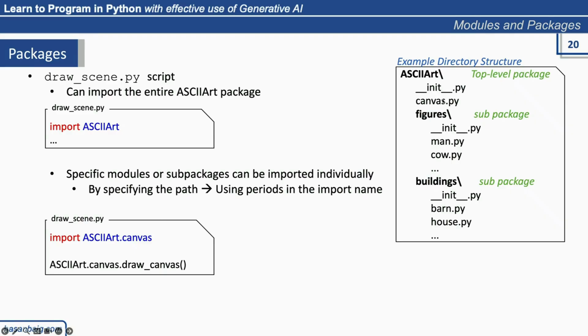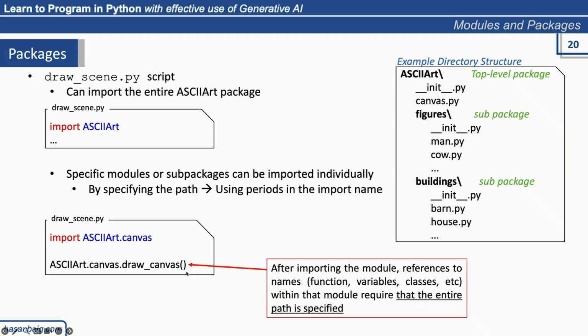It will only import canvas, which is located in skart. But when you use any function within this canvas, you need to specify the entire path: skart.canvas.draw_canvas, assuming that it is located in the canvas file. This is important from an exam point of view. Also, I might give you a script with different import statements or from statements, and ask you whether something is a module or an object or whatever.